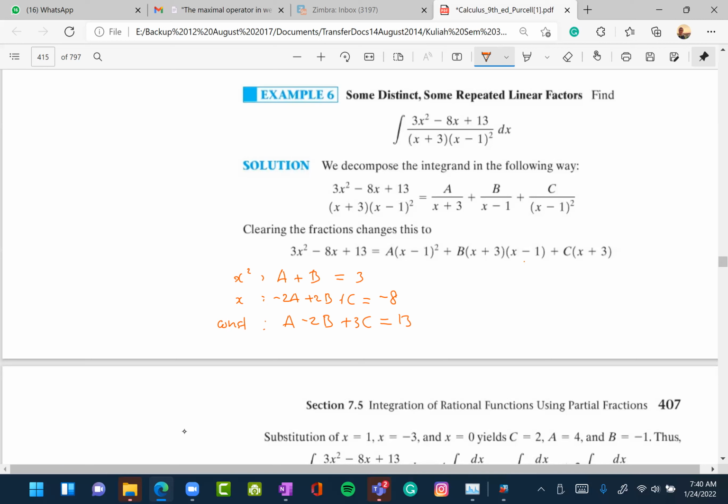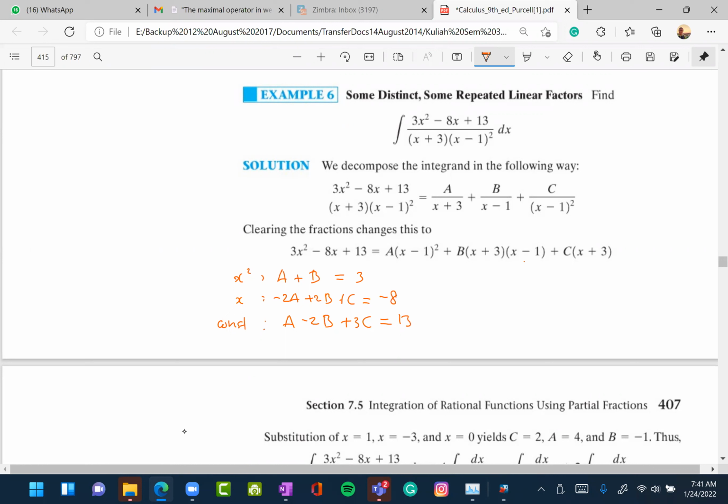So here you just solve, in the set parentheses, a plus b equals 3, comma, a plus 2b plus c equals negative 8.